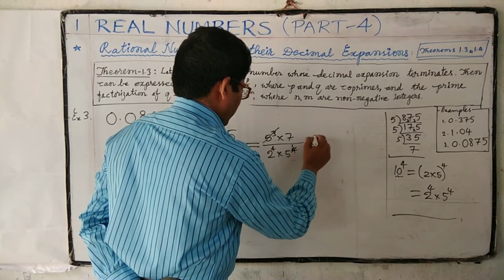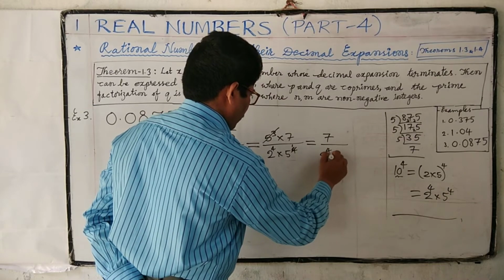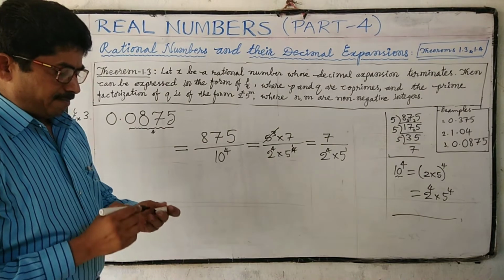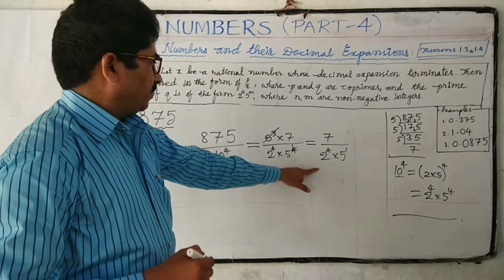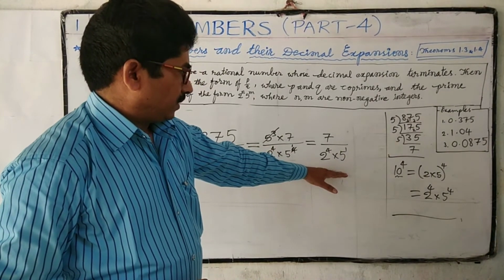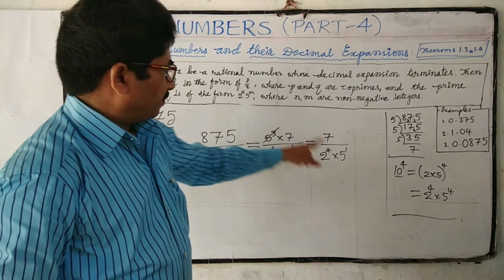That is equal to 7 by 2 to the power of 4 into 5 to the power of 1. So this is in the form p by q, where the denominator is in the form 2 power n, 5 power m.